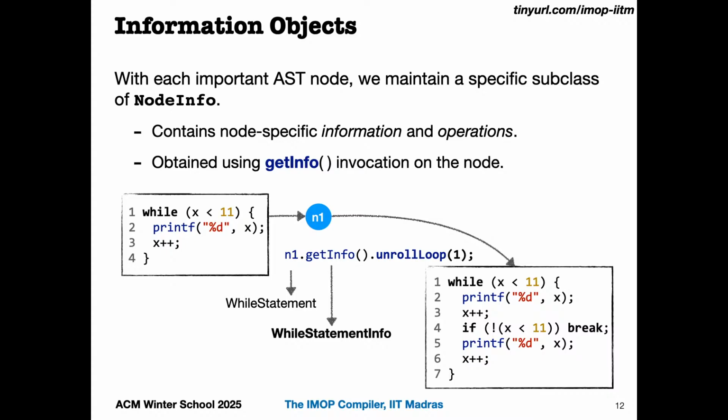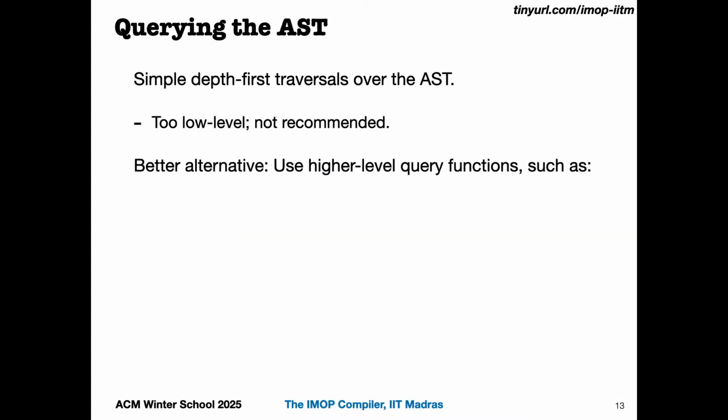If you tell how many copies you want to make, let's say you want to say unroll by 1, original code, the predicate once more, right? Now you can get this thing as an AST. You can get this thing as a string or an AST. It's not yet replaced. This is not changing yet. Okay.